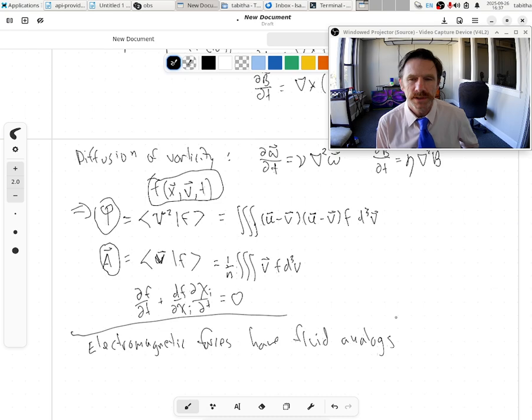And of course, this is also true for quantum mechanics, has fluid analogies, and also for general relativity, which has fluid analogies, some of which can, in fact, be made experimentally. There are experimental analogs of general relativity, which is a very interesting field.